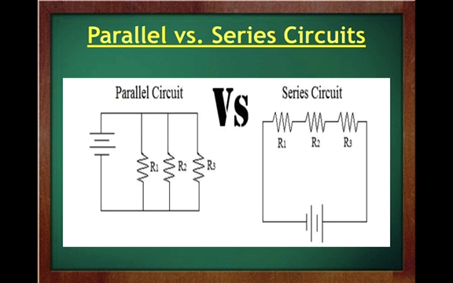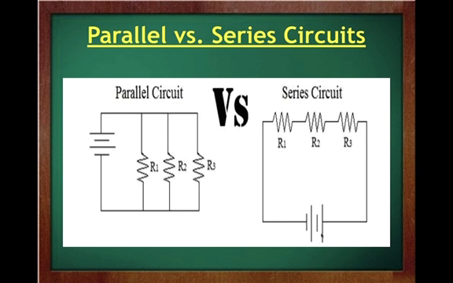The other big thing we need to go over is the difference between a parallel circuit and a series circuit. When we're talking about resistors being connected in series, as in this diagram, what that's showing is that they're all along the same path. Resistors that are connected in series are all along the same single path of current.